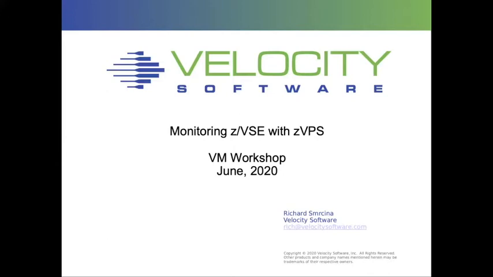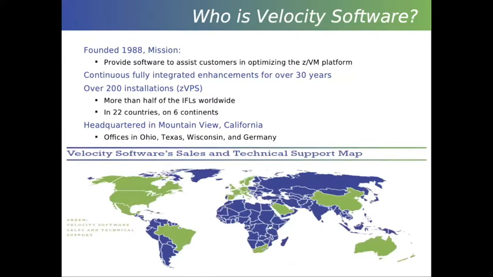I'm glad everybody could hang out. And who is Velocity Software? We were founded in 1988, and the mission being to assist customers with optimizing their z/VM platform through a product suite that provides that service. Continuously integrated with enhancements for over 30 years now, ever since we started.